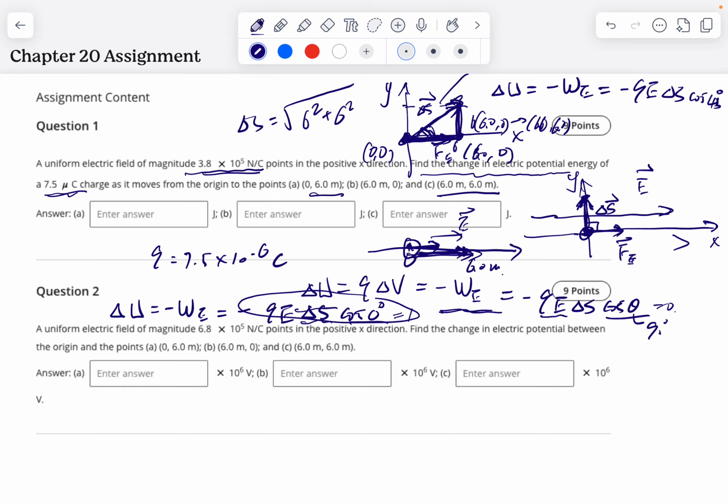Go through this route and then this one. It will be the same, because electric force is a conservative force, and work done by a conservative force is path independent, as long as you know the initial and final position. So the answers B and C will be the same.